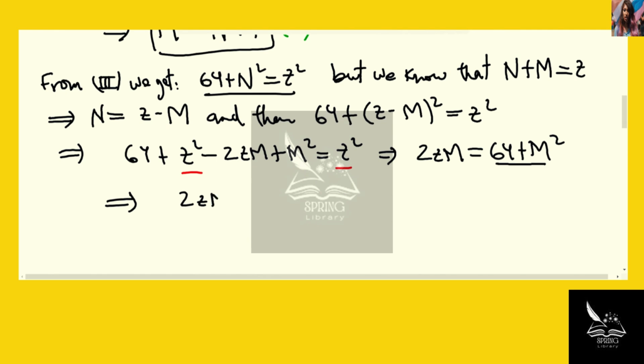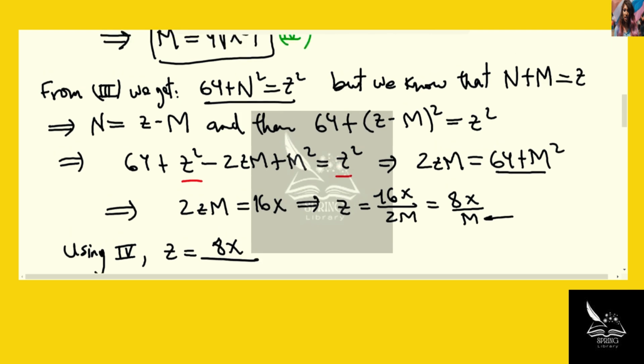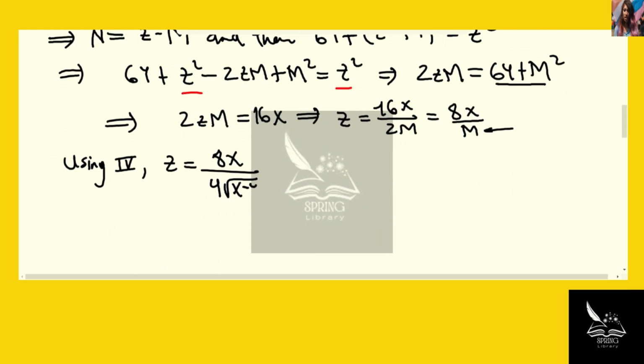That means that 2zm is equal to 16x, and so z is 16x over 2m, which is 8x over m, and we put in the m we found here using 4. z is equal to 8x over 4 square root of x minus 4, that is, 8 over 4 is 2, so we get 2x over the square root of x minus 4, and that's it.